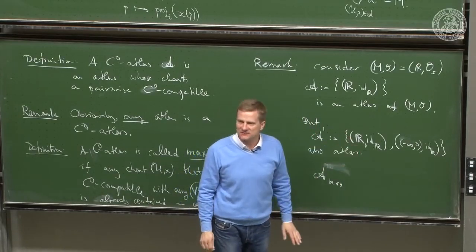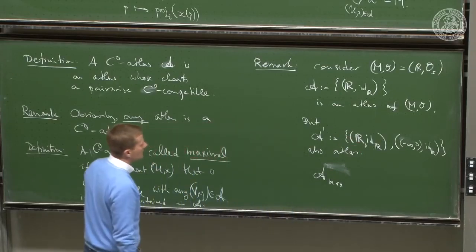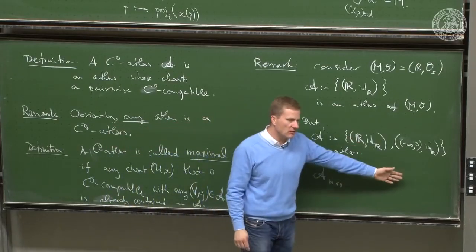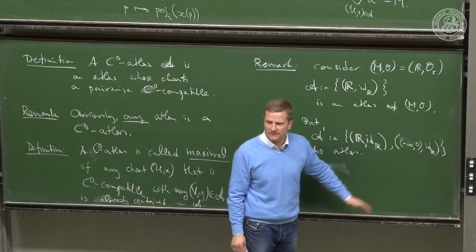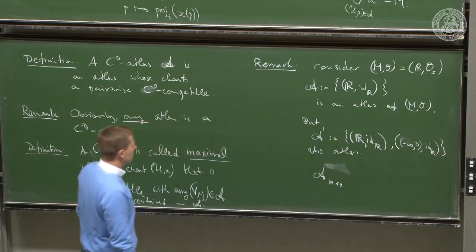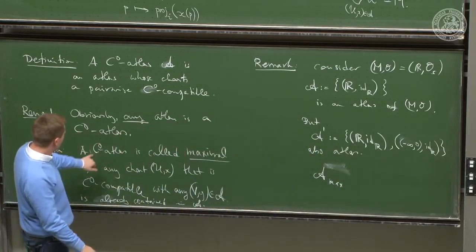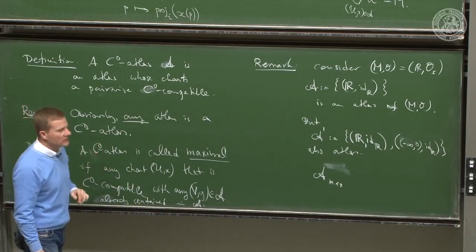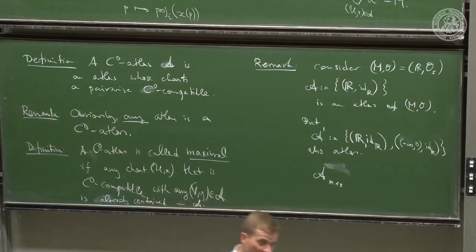Then it's a maximal atlas. Okay? Because then any one that's compatible with all that's in there is already in there. Again, this notion of a maximal atlas will become more interesting later on when we intensify this restriction of the atlas being C0.